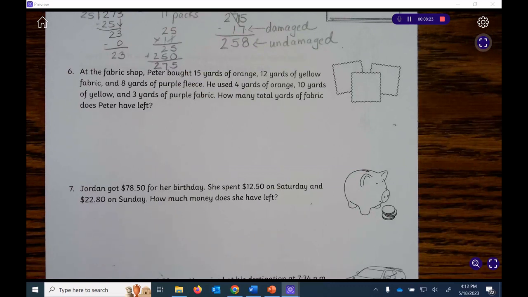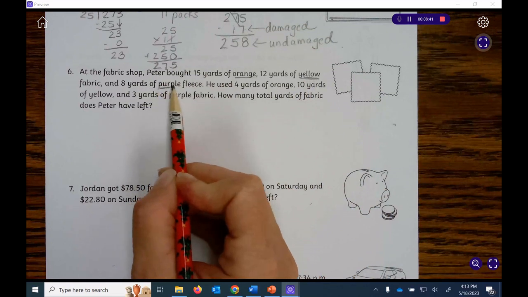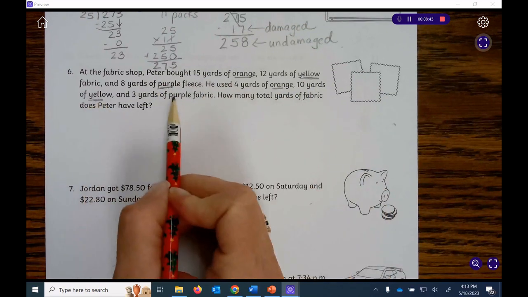There are multiple ways to solve this problem. I am going to solve it one way, but you may solve it in a different way, and that is okay. All right, I'm going to group the fabric by color. So I have here that Peter bought orange, yellow, and purple. And we have orange, yellow, and purple.